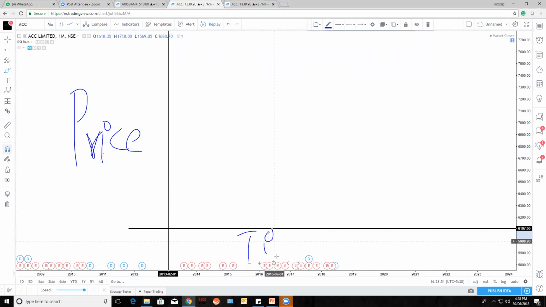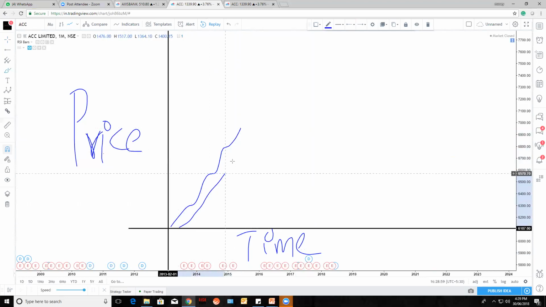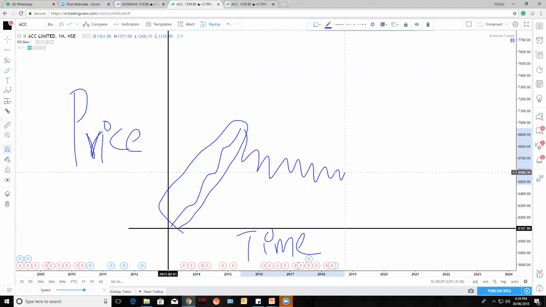It has a time axis and a price axis. Whenever there is an impulse wave, it will be seen in the form of price. Whenever there is a correction, you have to see the time. You have to see the time in corrective waves.